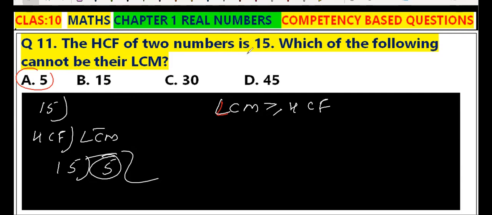That is why this cannot be the LCM. दो शर्तें हैं, एक तो स्मॉलेस्ट नंबर 15 के इक्वल होना चाहिए, या फिर 15 का मल्टीपल होना चाहिए. Yes, this can be 15, can be 30, can be 45, but 5 cannot be the LCM of the given two numbers having their HCF 15. So what is the answer? Final answer here, the final answer is 5.